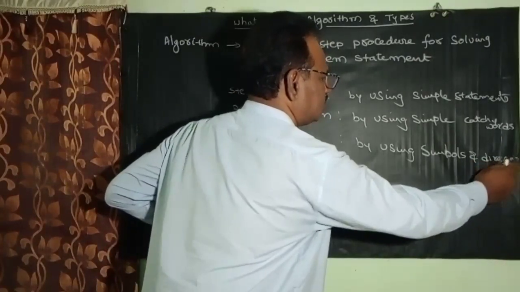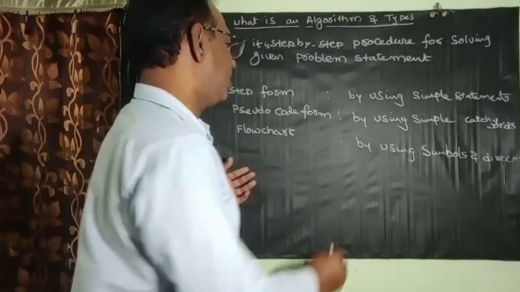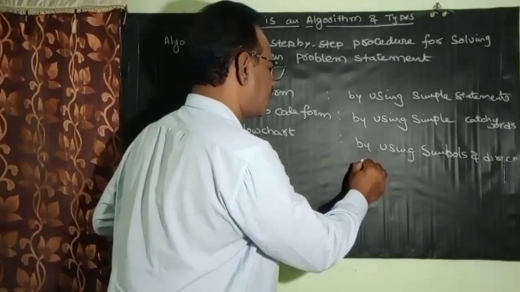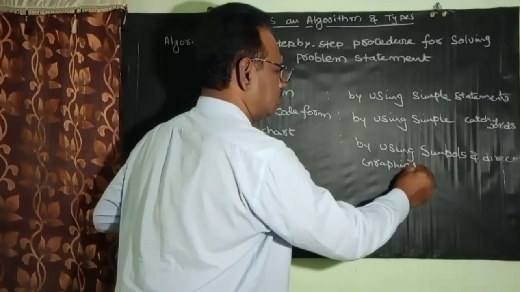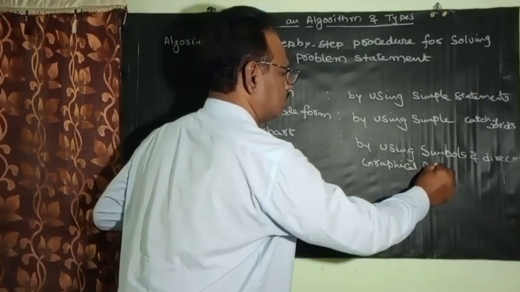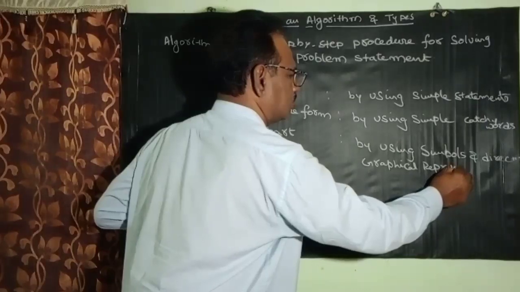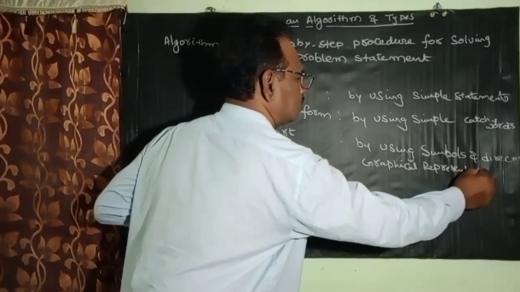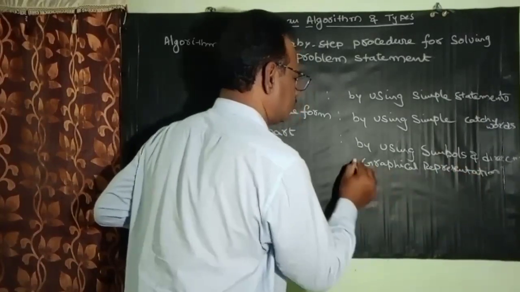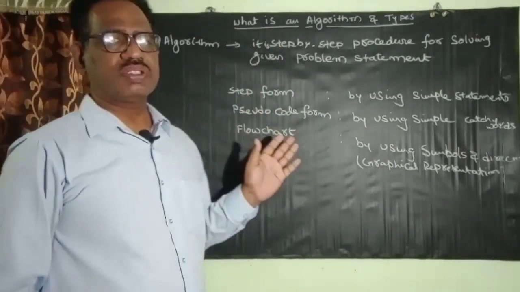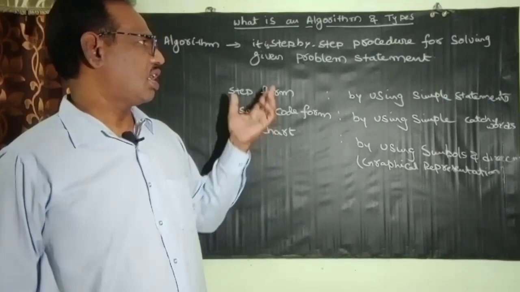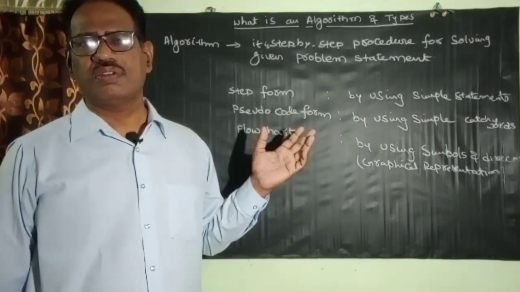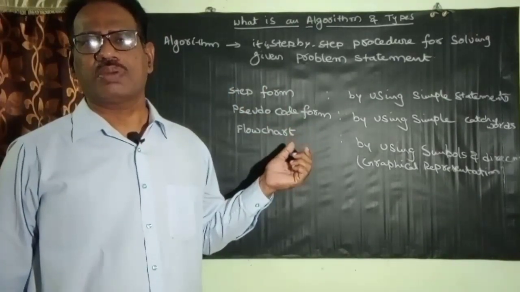Symbols and directions, we can form the flowchart. It's a graphical representation. So these are the three procedures one can use to explain the algorithm behind solving any given problem.